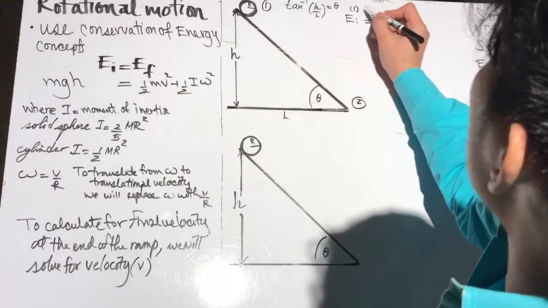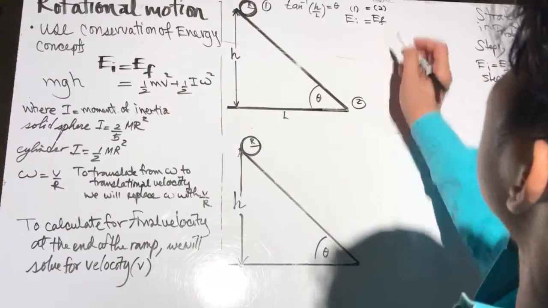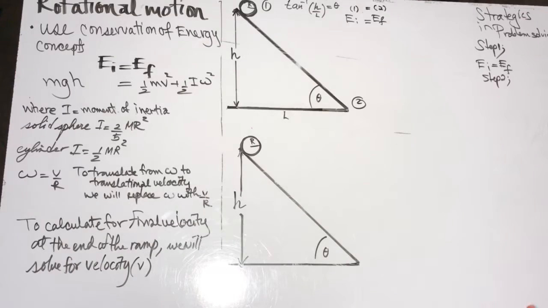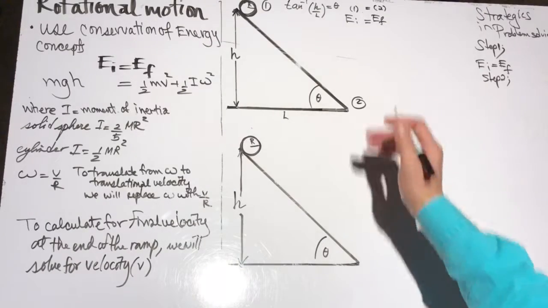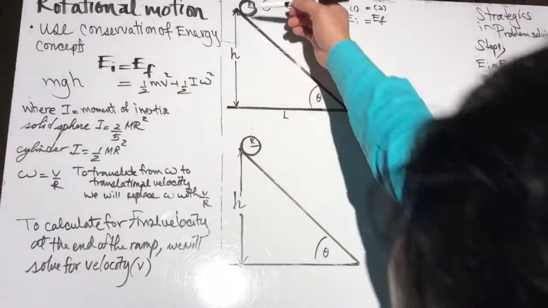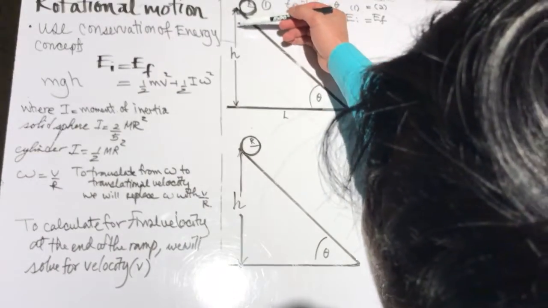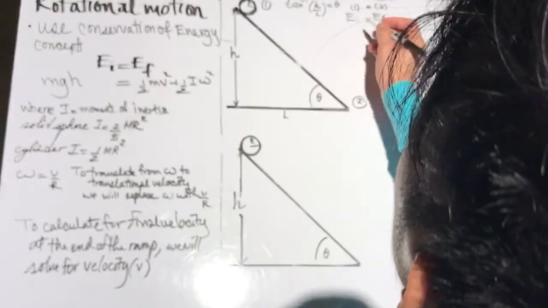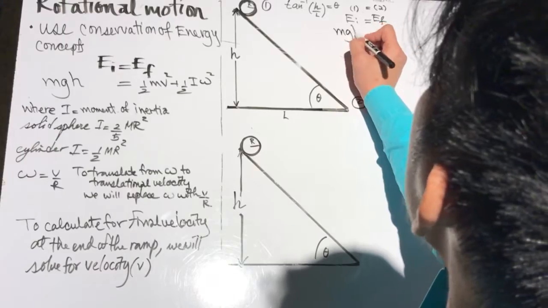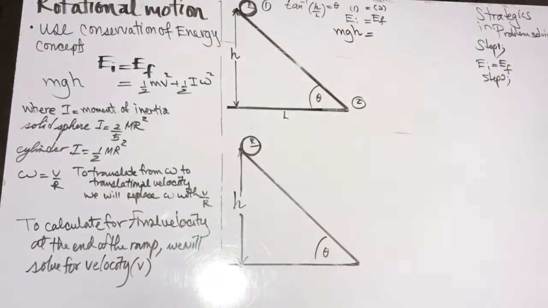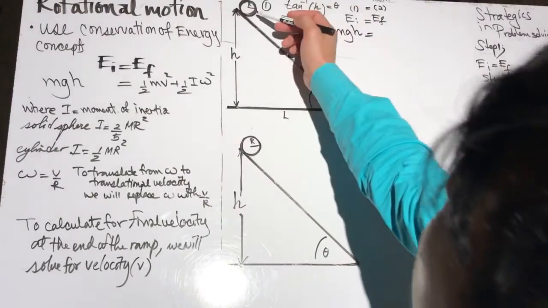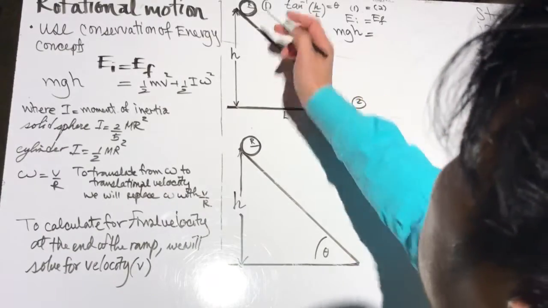I'm just going to say this is 1 and this is 2. That's the position with our reference. This one right here, the object itself has a height, so we're going to write it down as mgh. It only has potential energy because it starts at rest.